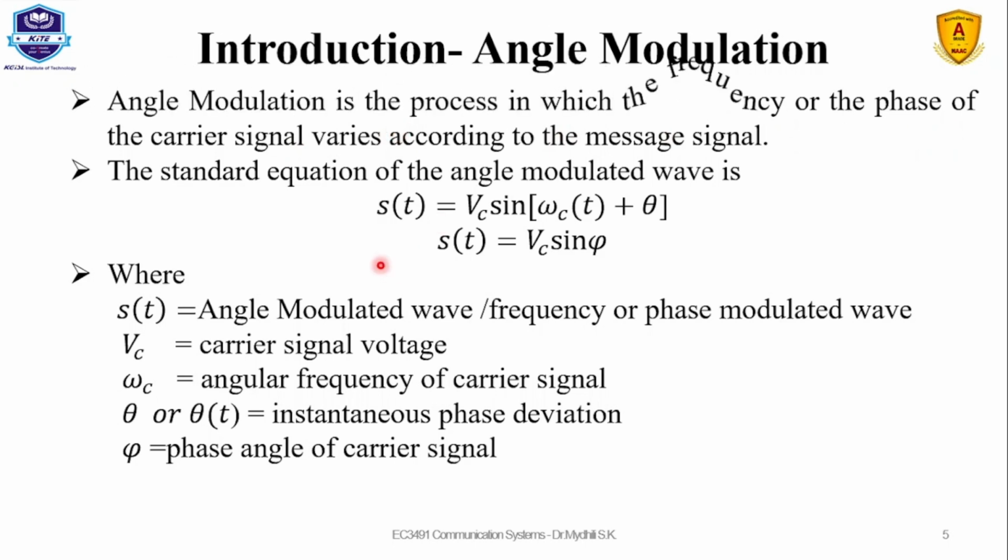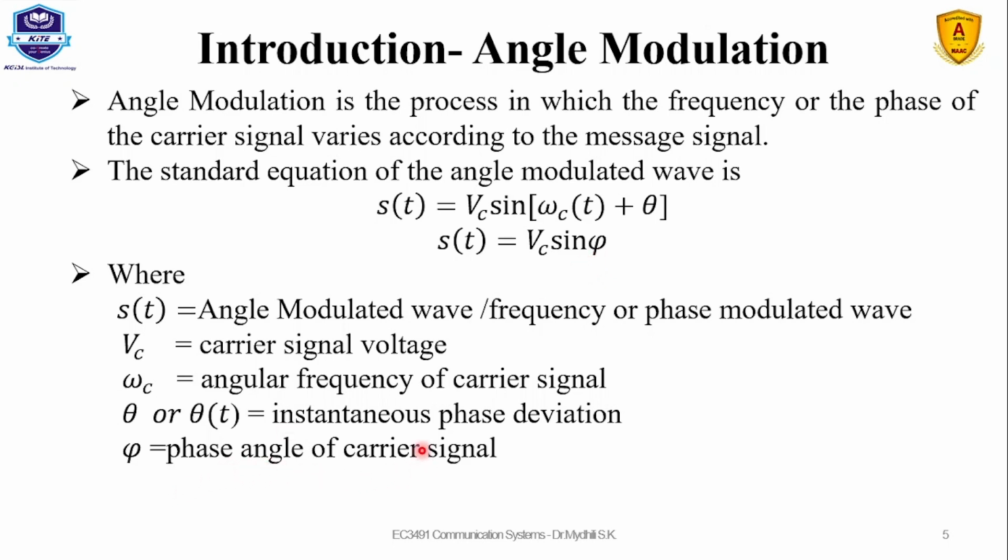The standard equation of this angle modulated signal depends on both the frequency as well as the phase change. Hence, it is simply represented as S of t equals Vc sine of omega t plus phase change, that is the phase angle. So it can be simply represented as Vc sine of phi, where this phi is nothing but the phase angle of the carrier.